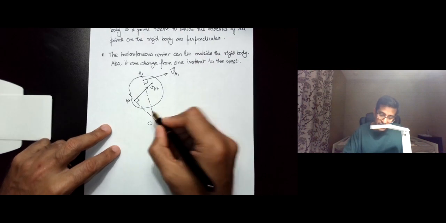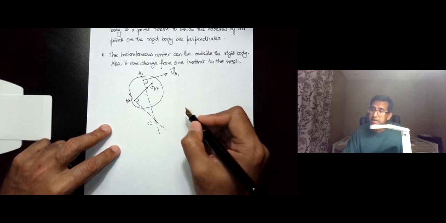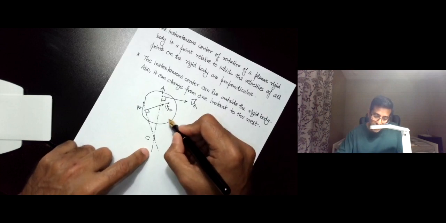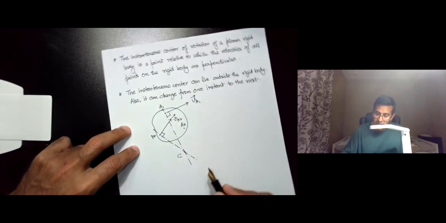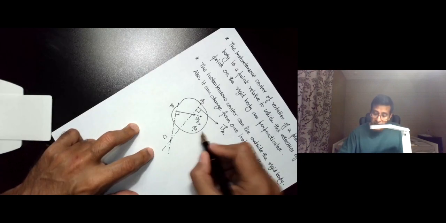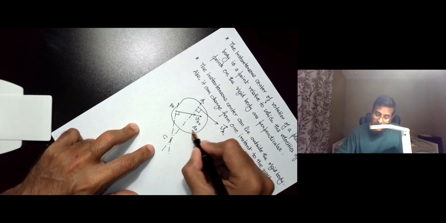And this is the instantaneous center, and in fact this automatically means that if there is a point, let's say A3 here, then I know that the velocity of the point A3 is going to be perpendicular to the line joining the instantaneous center with A3.